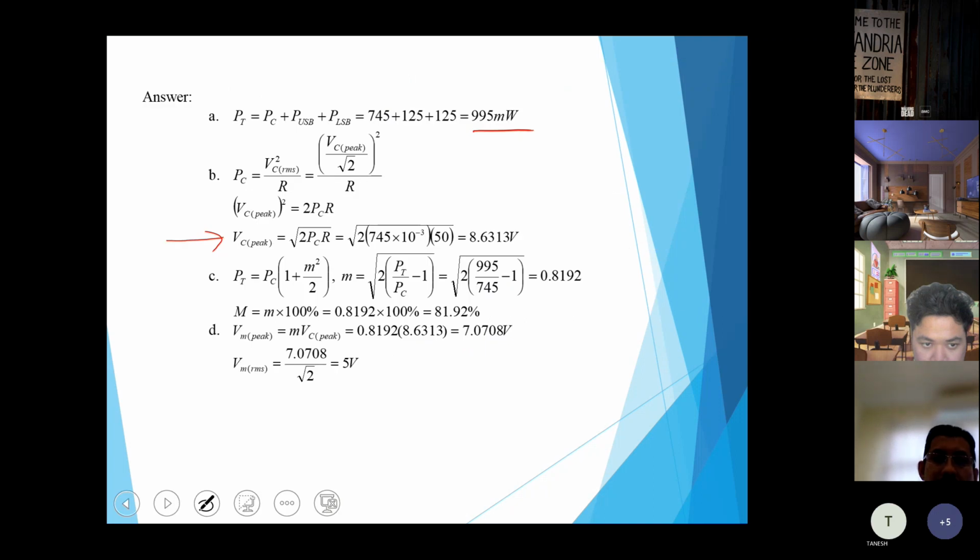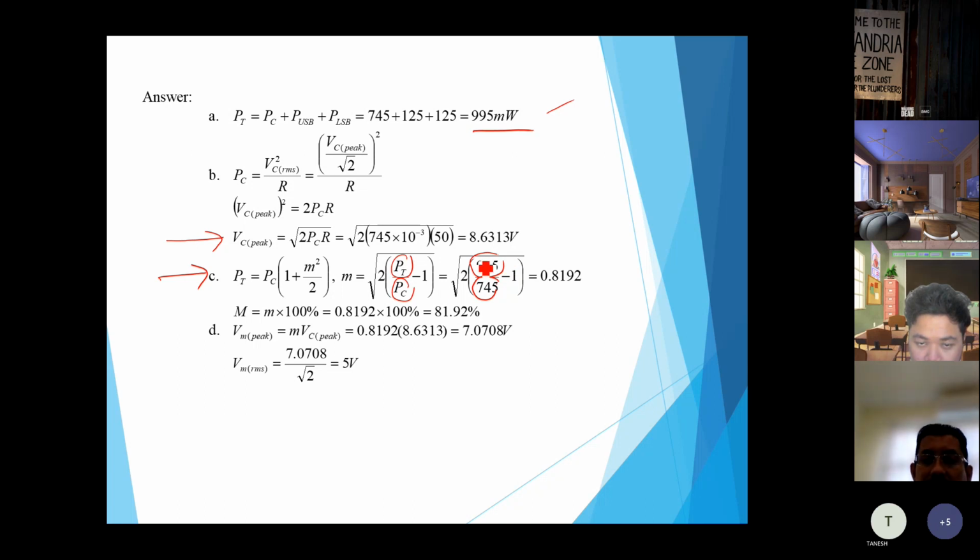So therefore, kalau you lihat daripada persamaan ini kita nak dapatkan M, kita susun balik M adalah square root of 2 times PT over PC minus 1. So we know the total power, we know the carrier power. Okay, so 995 milliwatt daripada soalan yang sebelumnya dibahagikan dengan 745 milliwatt seperti dalam soalan.